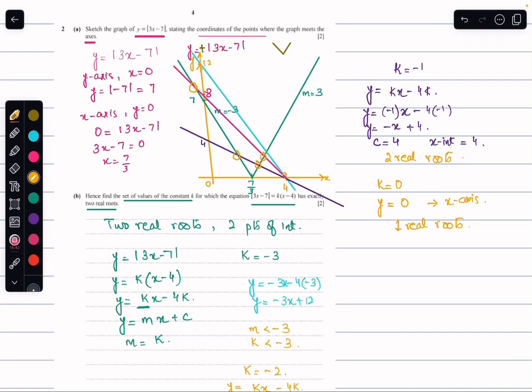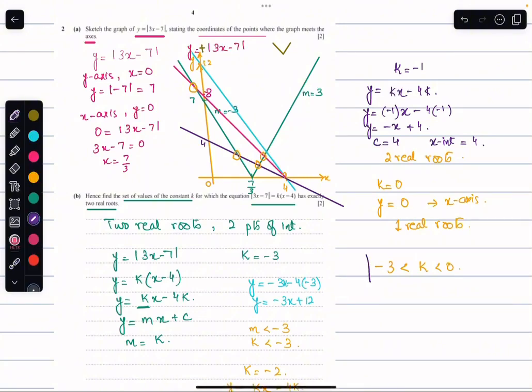Therefore, the set of values of the constant k, which is representing the gradient, should be negative 3 less than k less than 0. So this is how I get the values of k for this function.